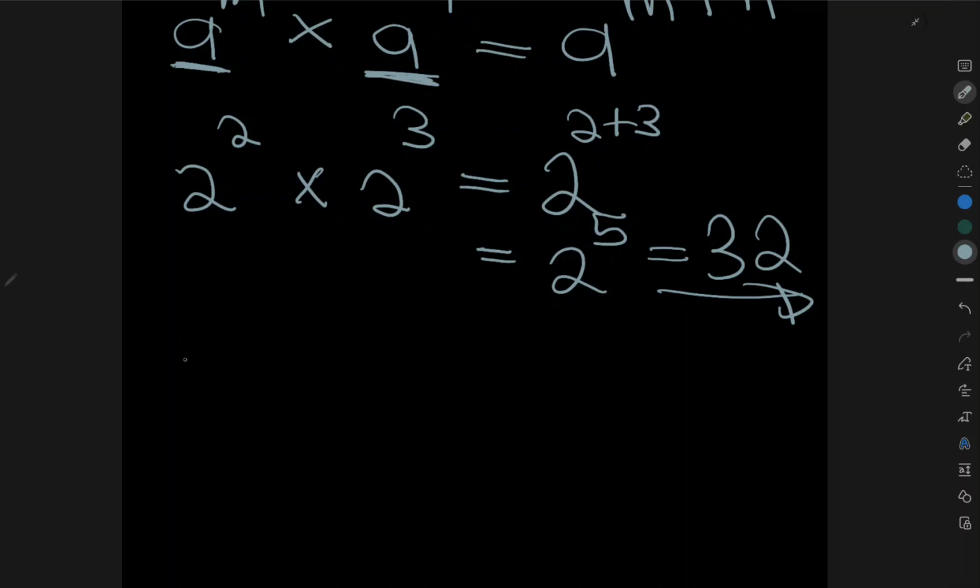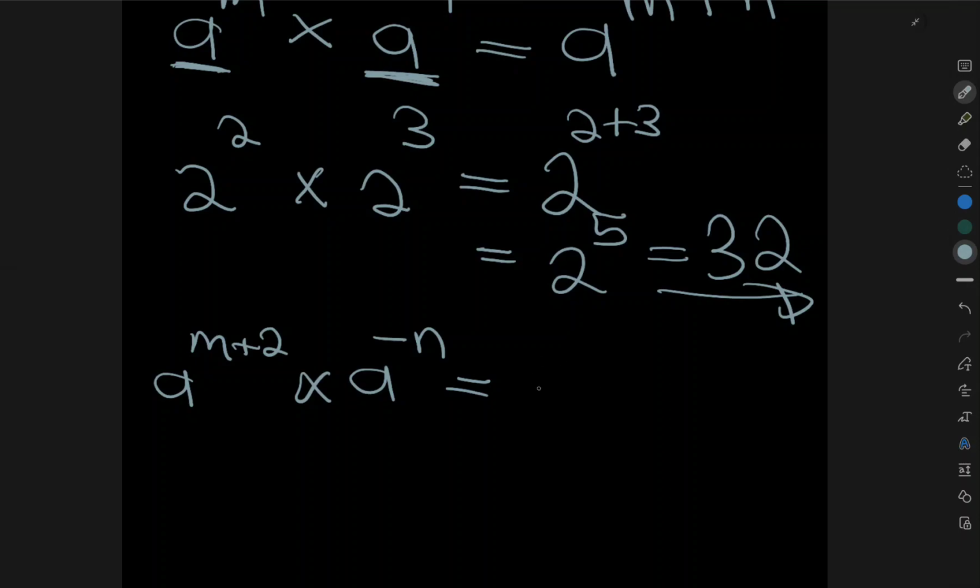But let's say, for example, we're given something like a to the power of m plus 2 multiplied by a to the power of minus n. How do we handle this one? Same concept. If you're multiplying powers that have the same base, you add the exponents.